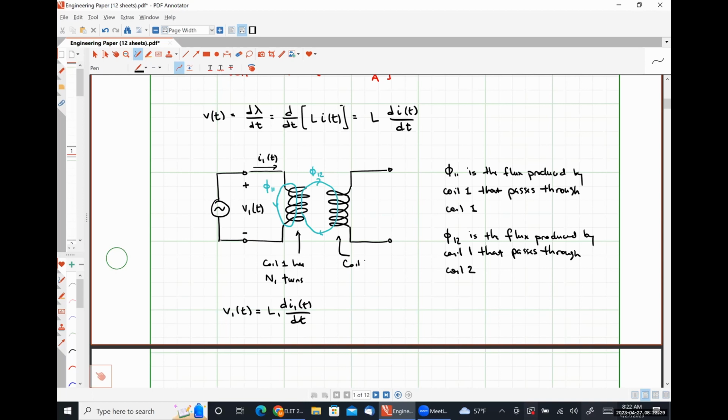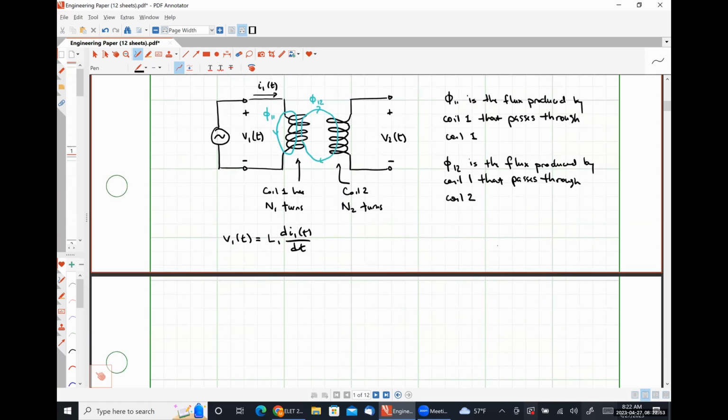So we should see, actually, let me specify this a little bit here. This is coil 2, and it has N2 turns, okay? So what we should see is some voltage drop across our second coil due to the time varying flux produced by coil 1 that is passing through coil 2.